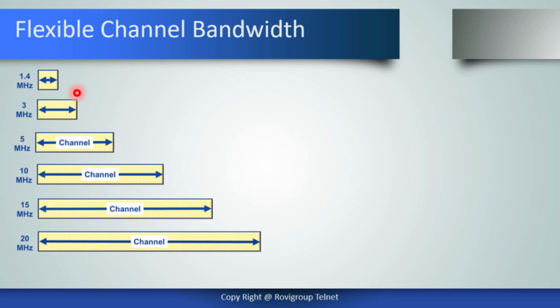So this is how LTE flexible channel bandwidth helps operators to use their existing allocated band to launch an LTE network. In LTE you can have 1.4 MHz carrier, which is the smallest bandwidth that can be allocated to LTE network. Then we have 3 MHz, 5 MHz, 10 MHz up to 20 MHz.